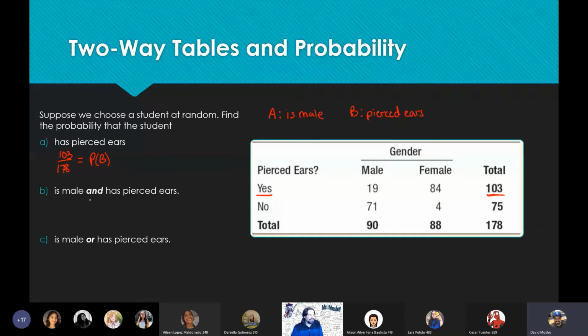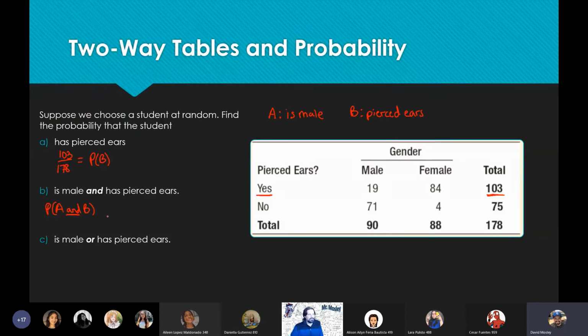Part B is male and has pierced ears. So we're looking for probability of A and B. So I need the probability of the person being male and their ears are pierced. I need both things to occur.